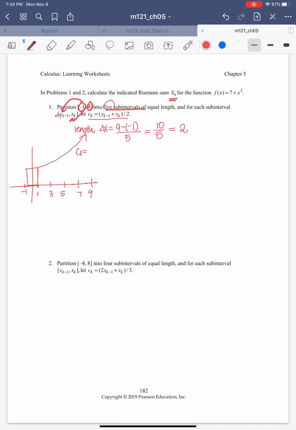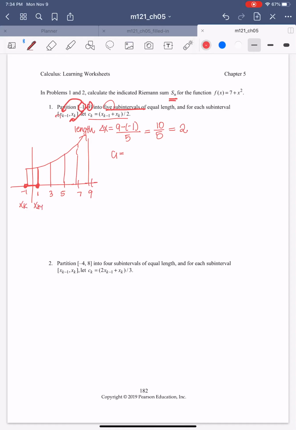Right, so this one, we have a 5 rectangle. So C sub 1 is calculated as, so this is your upper interval and then lower interval, so that's your x of k minus 1, and this is x of k.